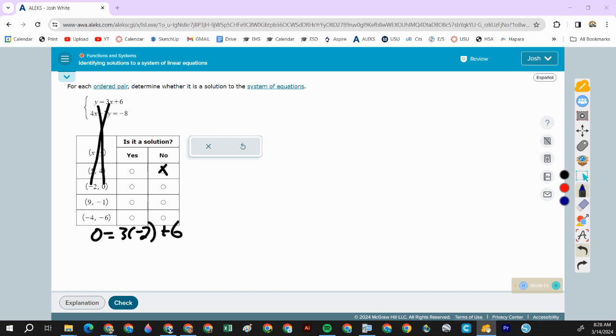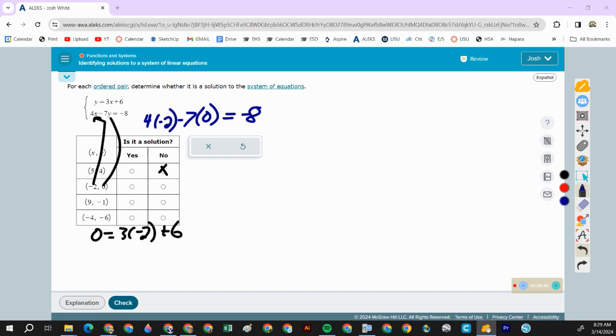So does that mean it's a solution in both of them? No, we have to check the other side. So I know that -2, 0 hits the top equation. But what I want to know is, does it also hit the bottom equation? So I plug -2 in there, and 0 in there. 4 times -2 minus 7 times 0, is that equal to -8?